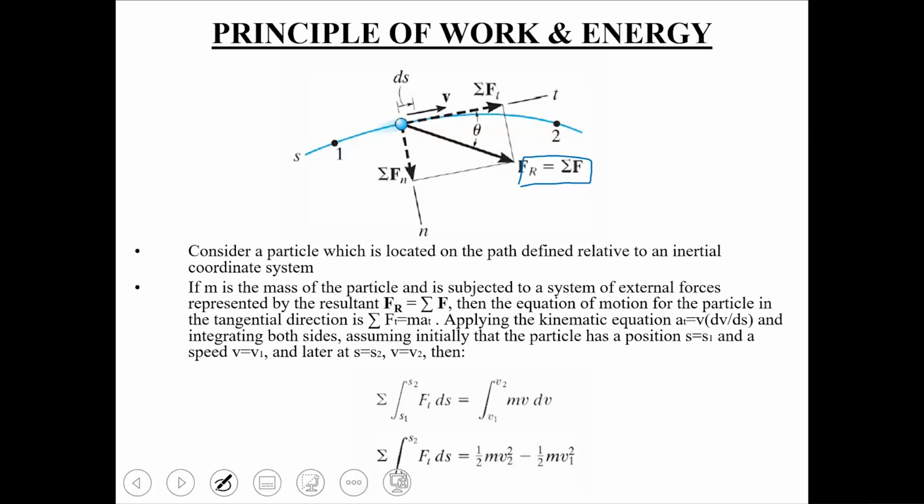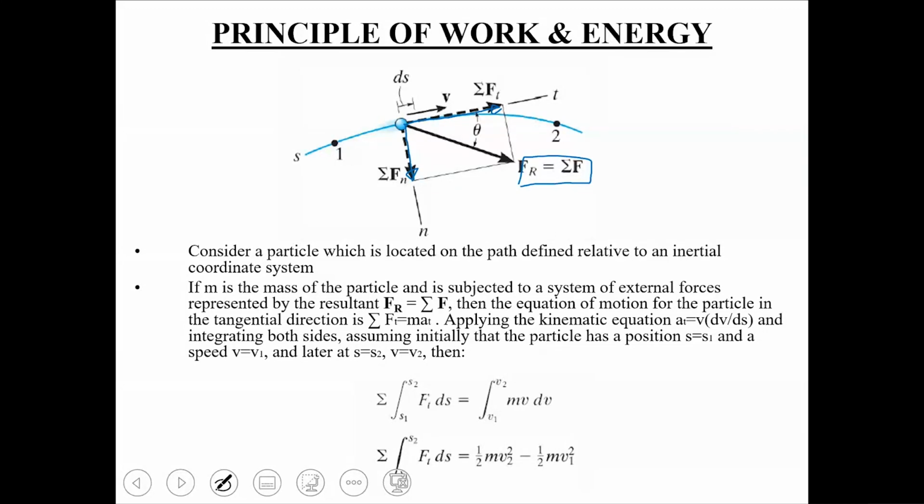What we have done here is we have resolved this summation F into its two components. One is this component which is along the tangential axis and it is represented here as summation Ft. The other one is the normal component which is being represented here as summation Fn.